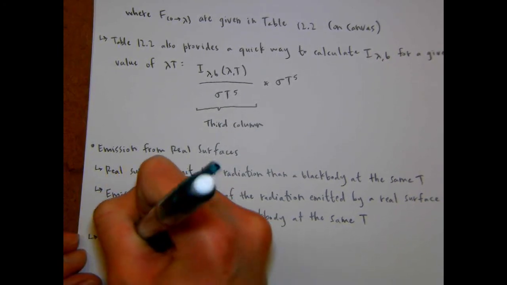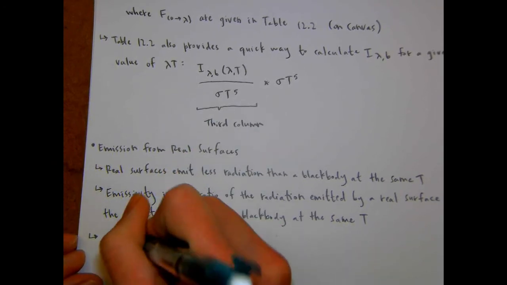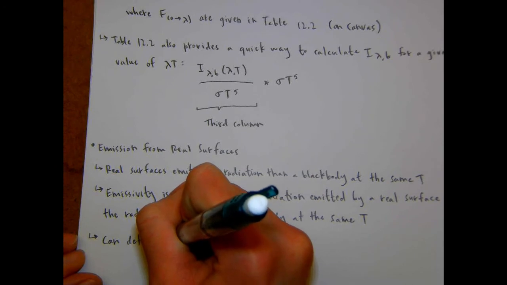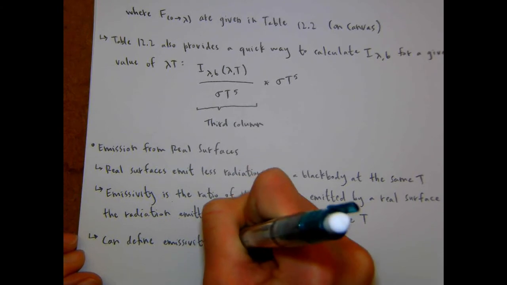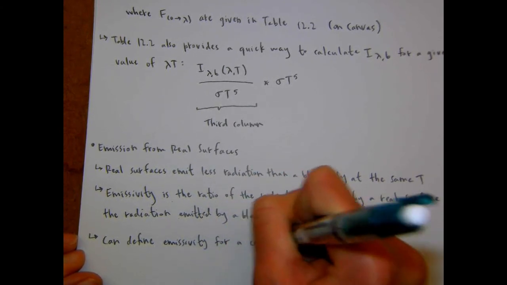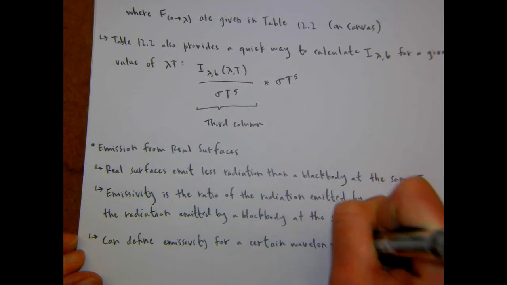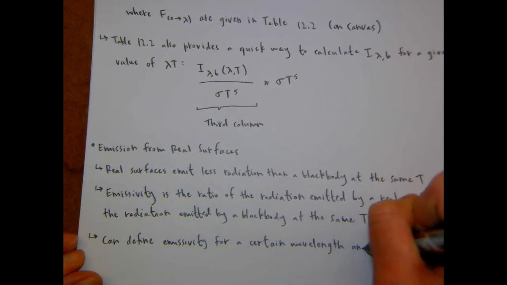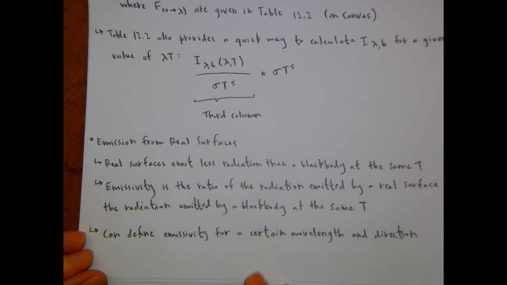So we'll just say we can define emissivity for a certain wavelength and direction. So the same surface could have many different values of emissivity depending on the specific wavelength and direction you were talking about.